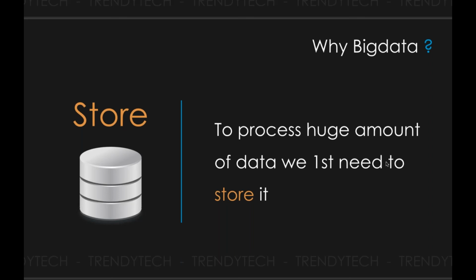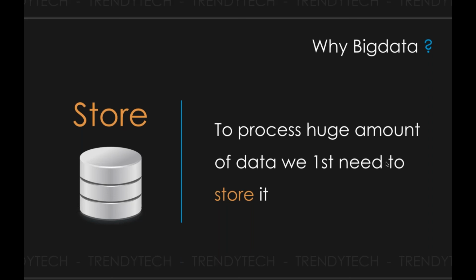Can I store this 1000 terabyte data on one laptop? No, because my laptop is capable of handling 1 terabyte only. Then how can I store this 1000 terabytes on a single machine? That means my traditional systems cannot even store the data because data is so huge that it cannot be stored on a single machine. So before thinking about processing, we need to worry about storage because our traditional systems cannot even store huge amount of data.